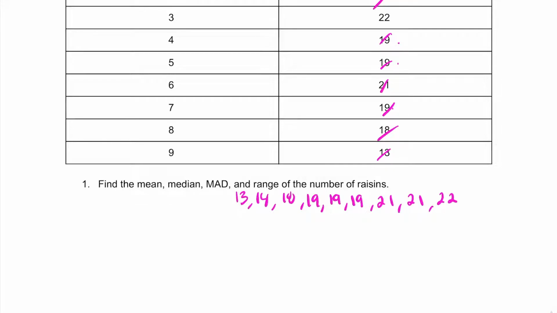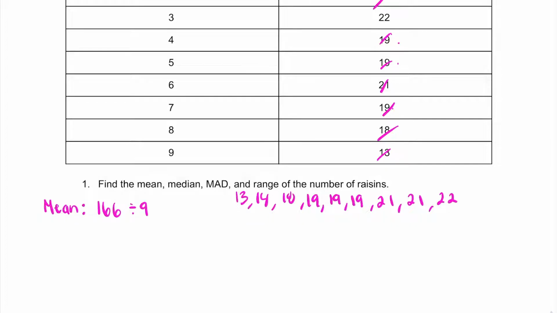In terms of showing your work for the mean, I'm not going to have you write 13 plus 14 plus 18 plus 19 plus 19, and so on. Instead, you can just do the sum of your numbers and then divide by however many numbers we have. So I'm going to type into my calculator 13 plus 14 plus 18 plus 19 plus 19 plus 19 plus 21 plus another 21 plus 22. That is 166.